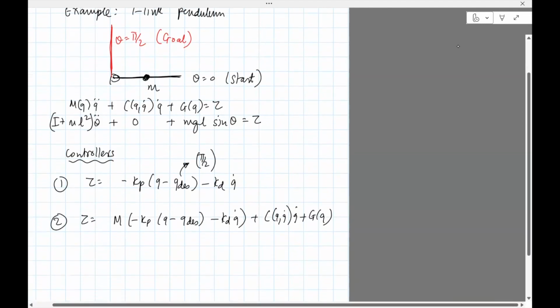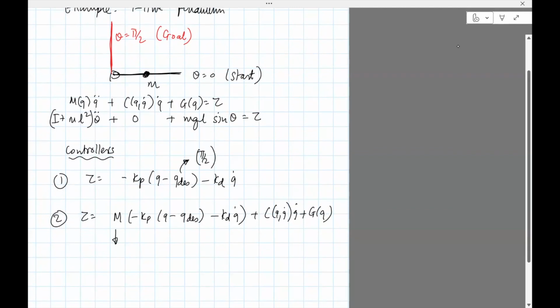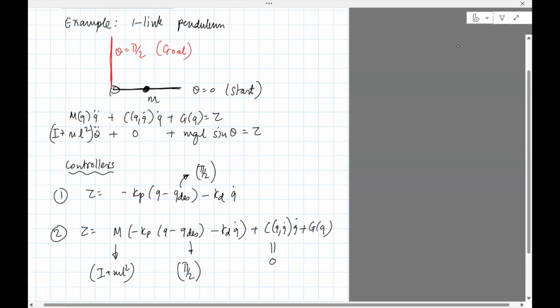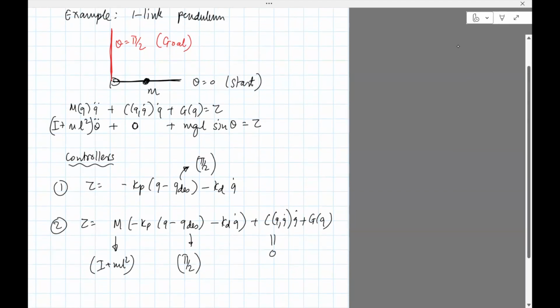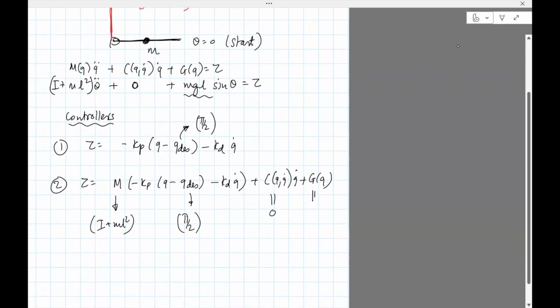So what are these things? For the system, m is I plus ml squared. Q desired is pi divided by 2. That's our goal. Here it turns out that c is 0 because c was 0. And then g is basically mgl sine theta.